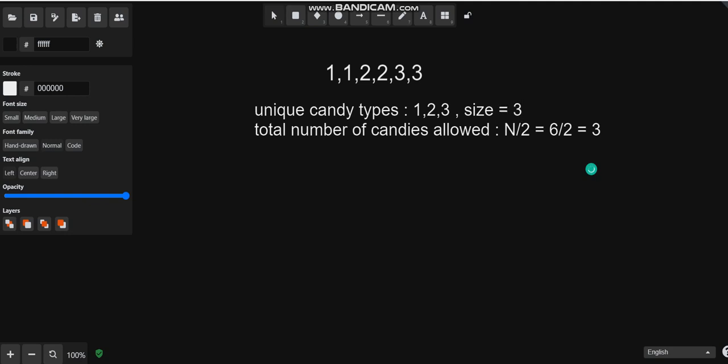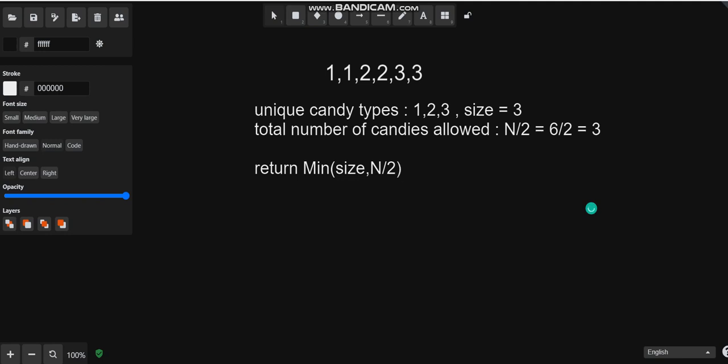And also what is the total number of candies allowed? The total number allowed is 6 by 2, that is again 3. Whatever is minimum, we will return that answer. So we return the minimum of size and n by 2.